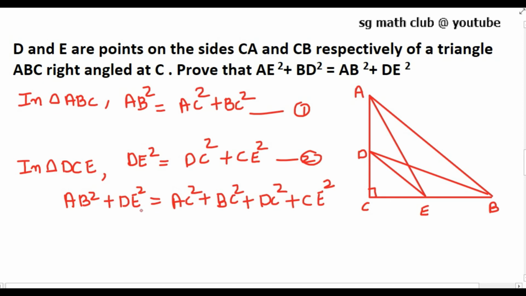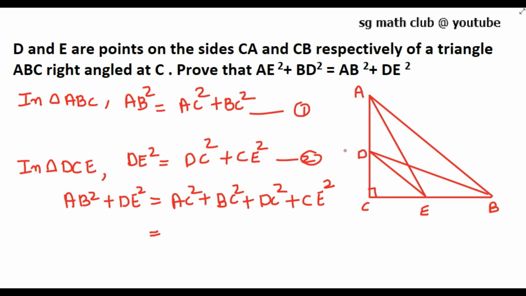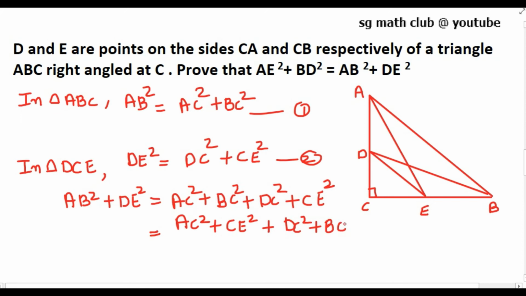Now AB square plus DE square is equal to AC square plus BC square. AC square, I'm just going to rearrange this. AC square plus CE square I'm going to write, plus DC square plus BC square I'm going to write, because we should see the right side also.